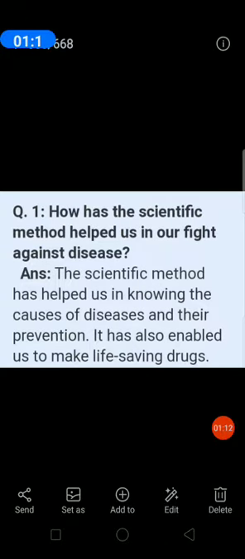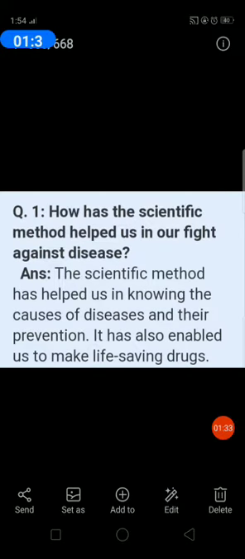This sentence means that science or the scientific method has helped us, it has been very useful for us, not only in knowing the reasons and causes of diseases, but also it has been helpful for us in preventing ourselves or saving ourselves from those diseases.